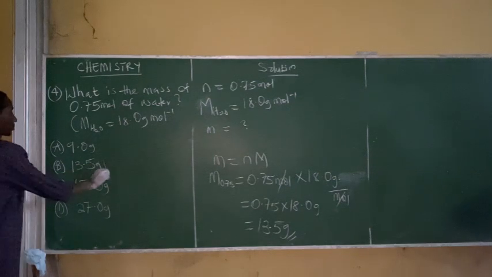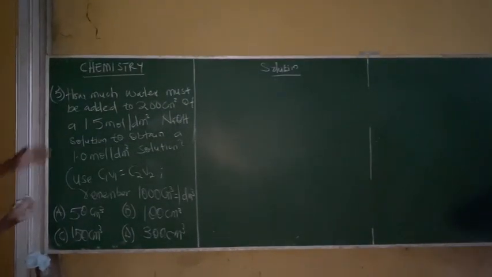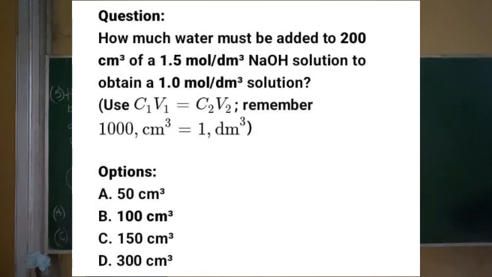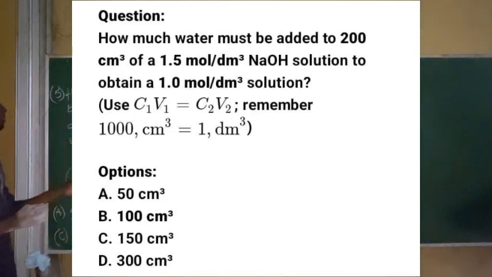Question 5 says, how much water must be added to 200 cm cube of a 1.05 mole per dm cube sodium hydroxide solution to obtain a 1.0 mole per dm cube solution?